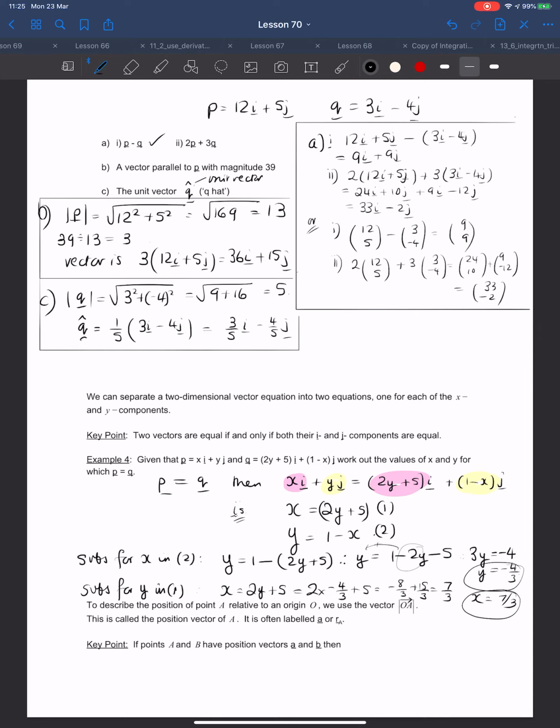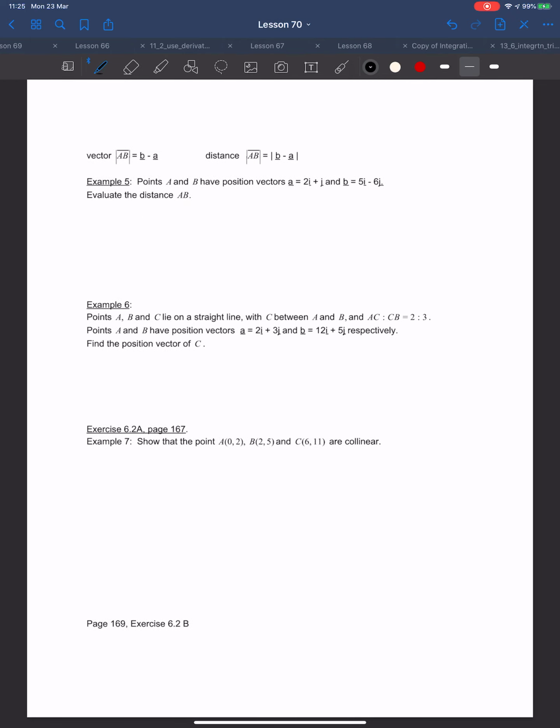Key point: if points A and B have position vectors a and b, to get from A to B you have to do b minus a, and the distance from A to B is the magnitude of b minus a. I'll draw a diagram of that to show what's going on here.